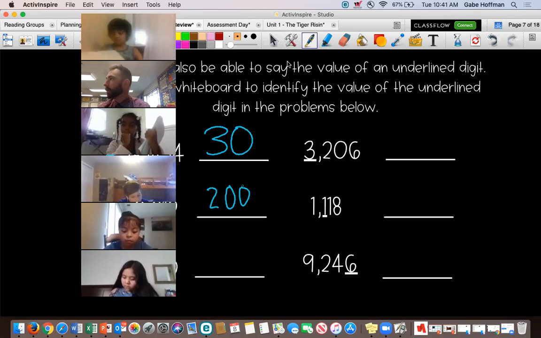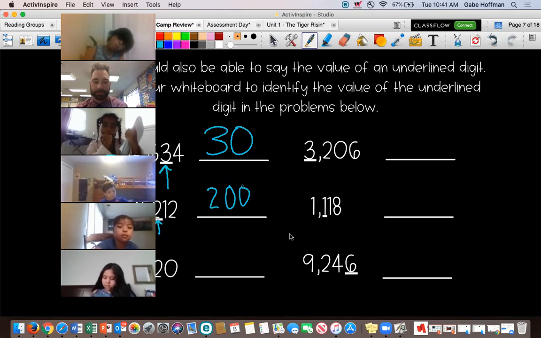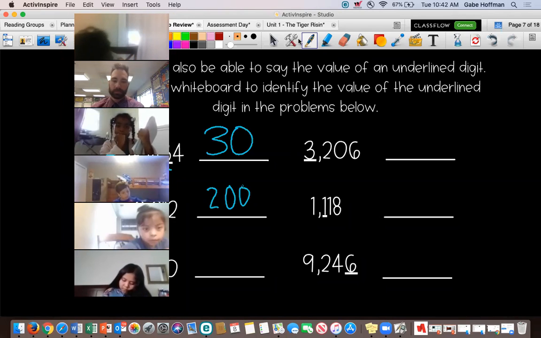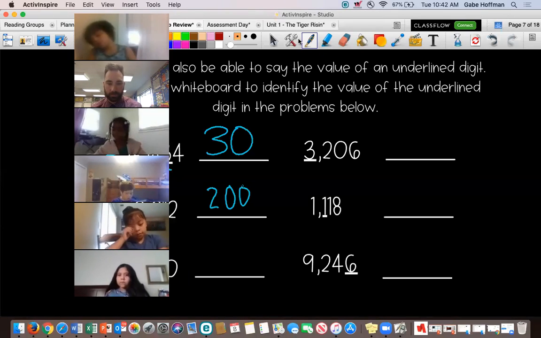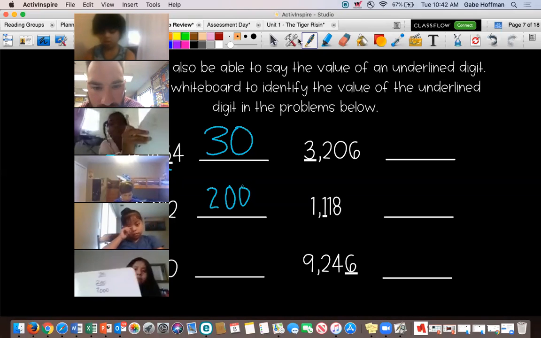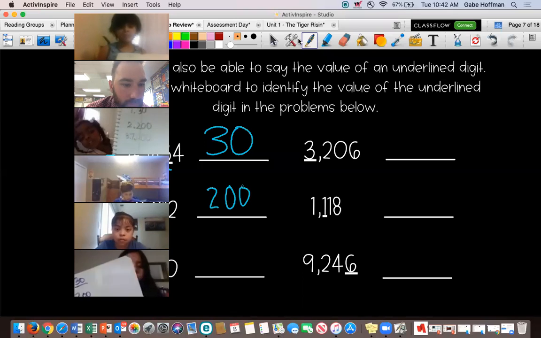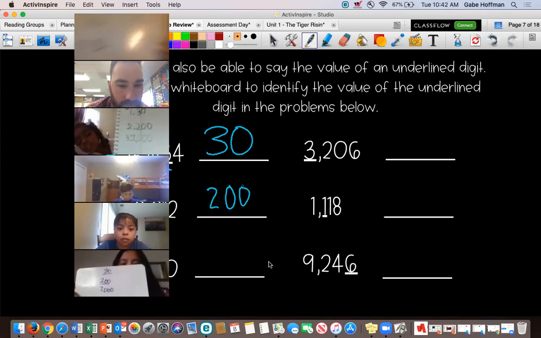Clay, how would you say that number in word form? 7,120. Thank you, sir. Good work. All right, 3, 2, 1, show them. If you wrote 7,000, you are correct.